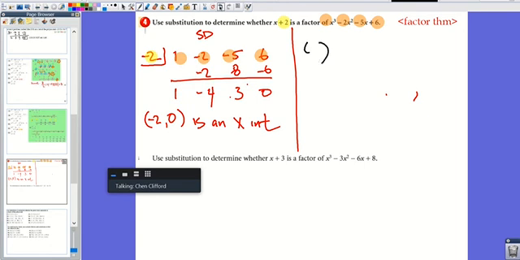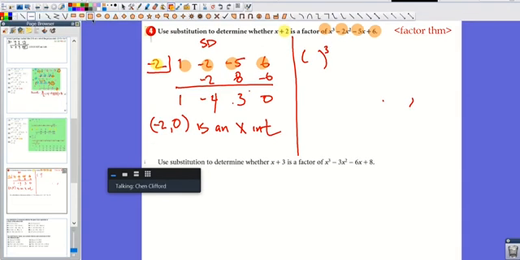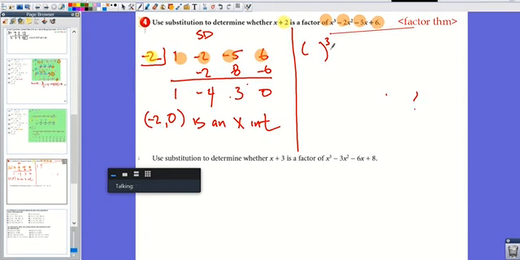Let me keep it red to be consistent. For the factor theorem, let me draw an arrow right here. Minus 2 squared, boom, boom, plus 6.